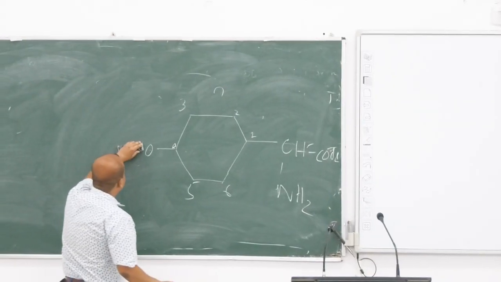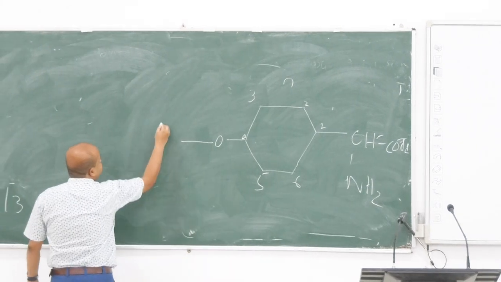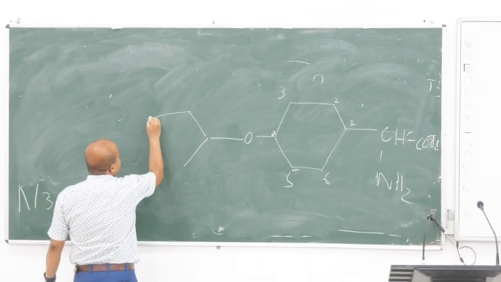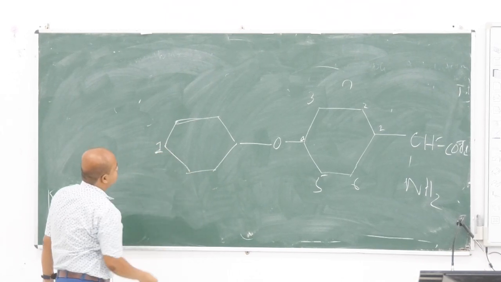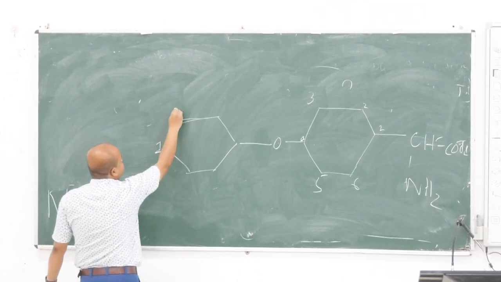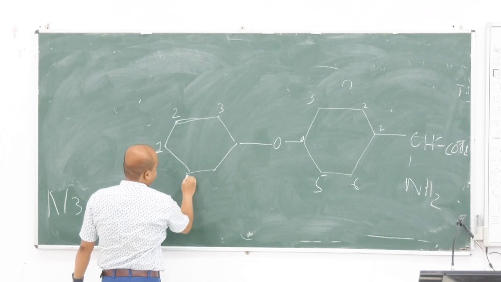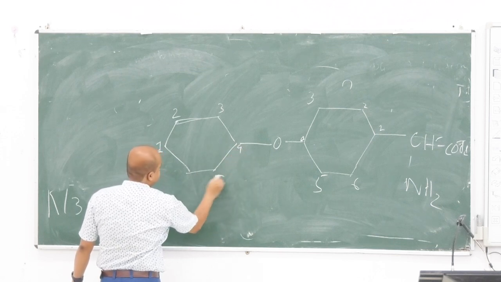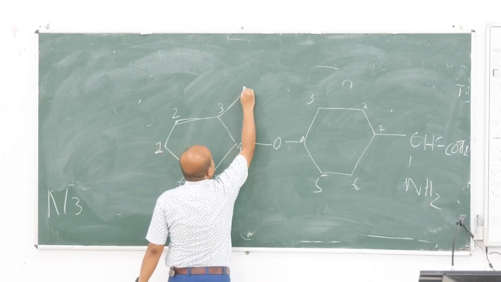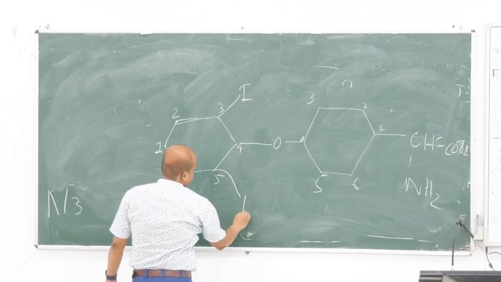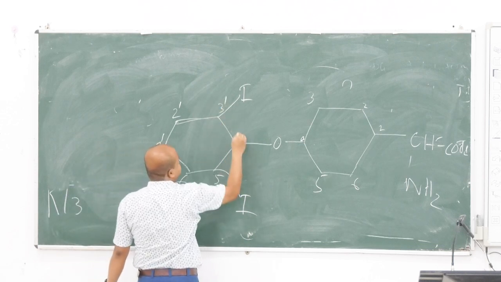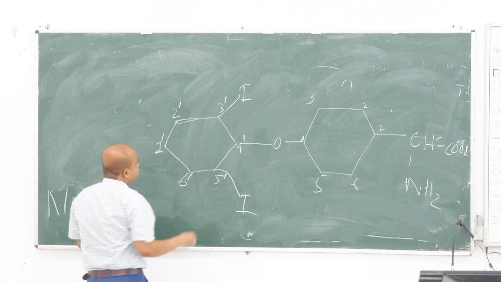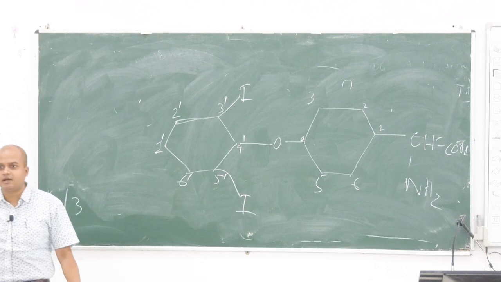T4. Now I will condense, this will be T4. This is another aromatic ring. So this is 1, this is 2, 3, 4, 5, 6. Now this second molecule we name the positions with a dash against the number.